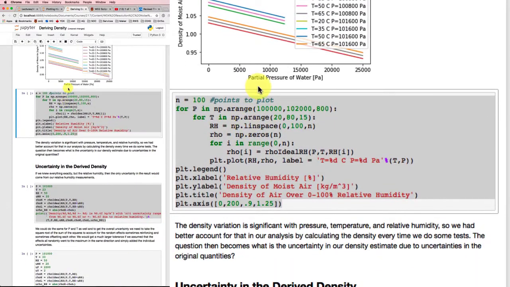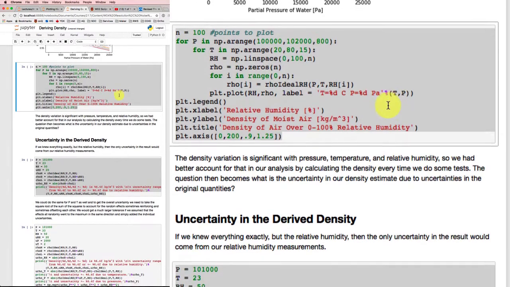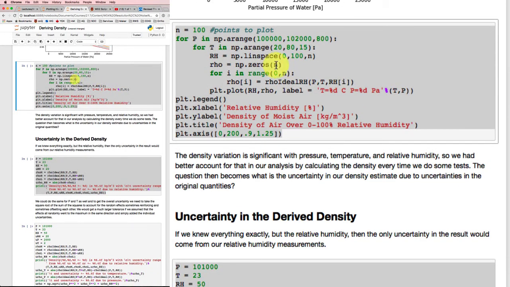So let's try it in terms of relative humidity here. We'd like to work in relative humidity, although it makes our calculation a little more complicated because the relative humidity really depends on what the saturation pressure is at that particular temperature. But I can do exactly the same kind of thing here.